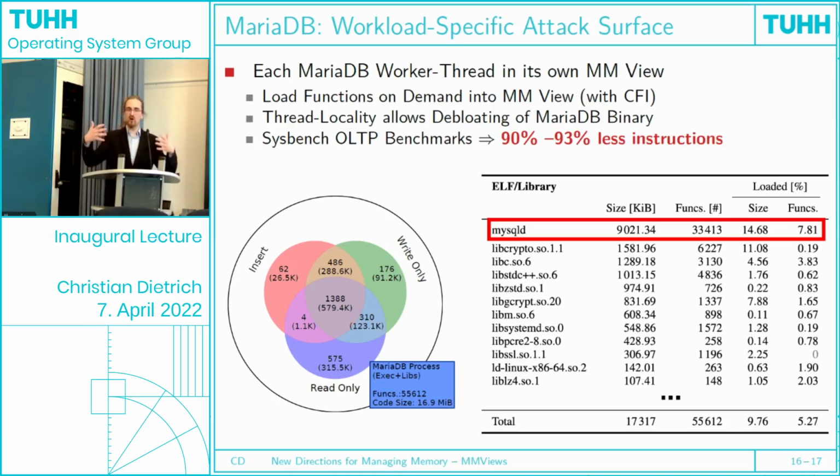Actually, we started out with empty memory management views and then lazily loaded functions back into them, and we did some control flow integrity checks. By that, we get the possibility for each thread to have a private view on the code, which lets us do dynamic debloating of the whole process.